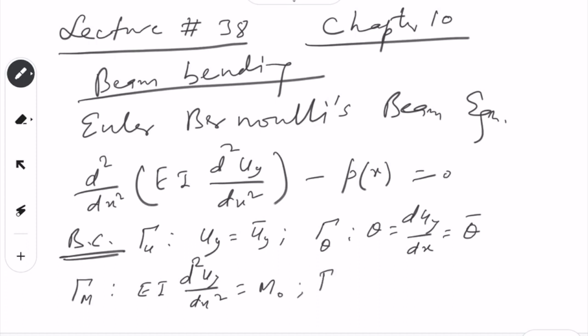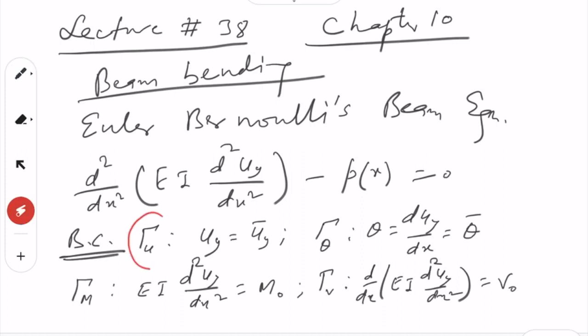Then there is gamma v, where the shear force is given, which is d over dx of EI d square uy over dx square, equal to V naught.